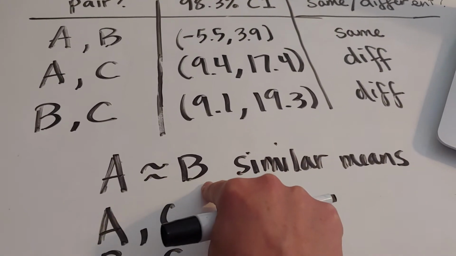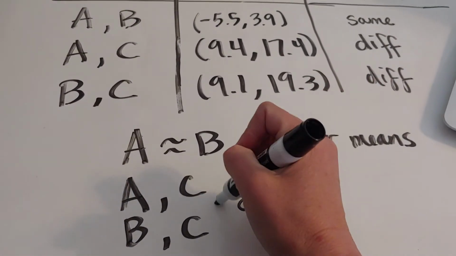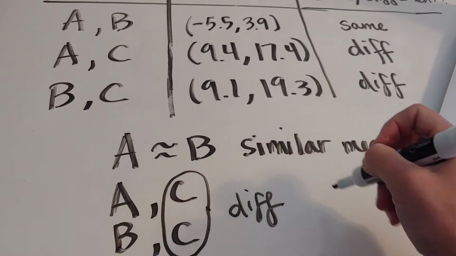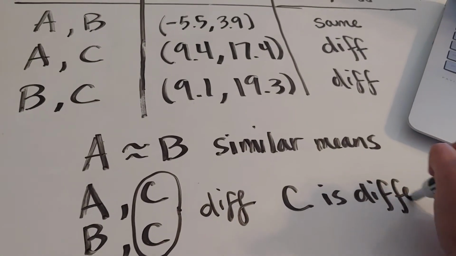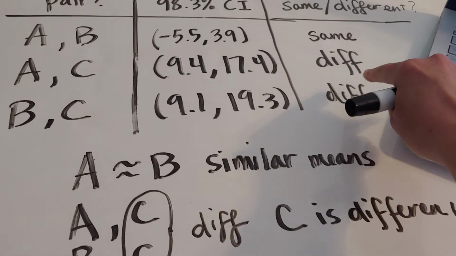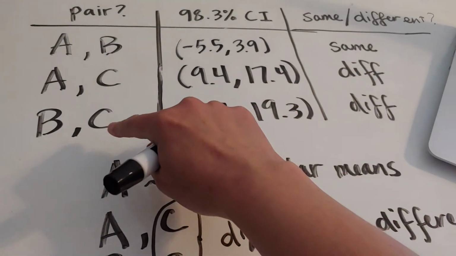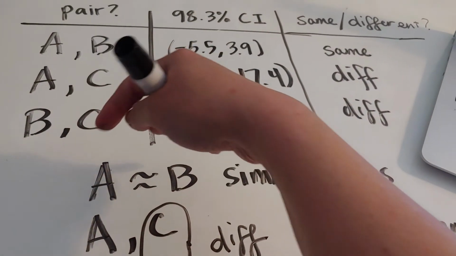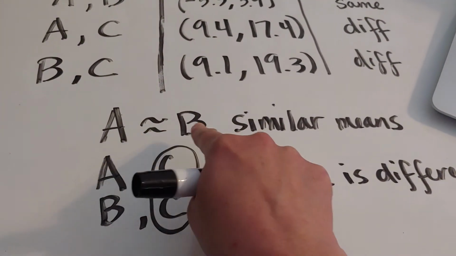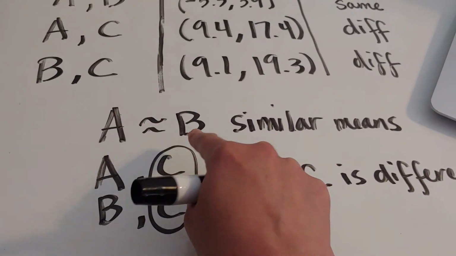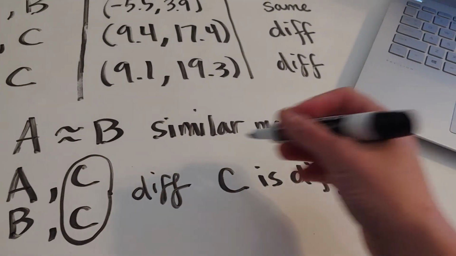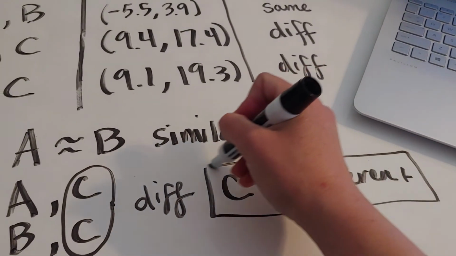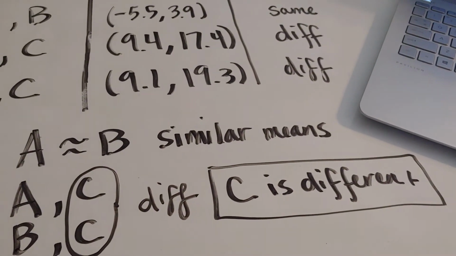If A and B are similar, then the odd man out here is C. C is different. So I know that I have 2 separate summaries here, but C is the one that's throwing A and B off. So if A and B are similar, and there's only 3 things, then that means C is the different one. All right, I hope this helps with the homework for 11.1.